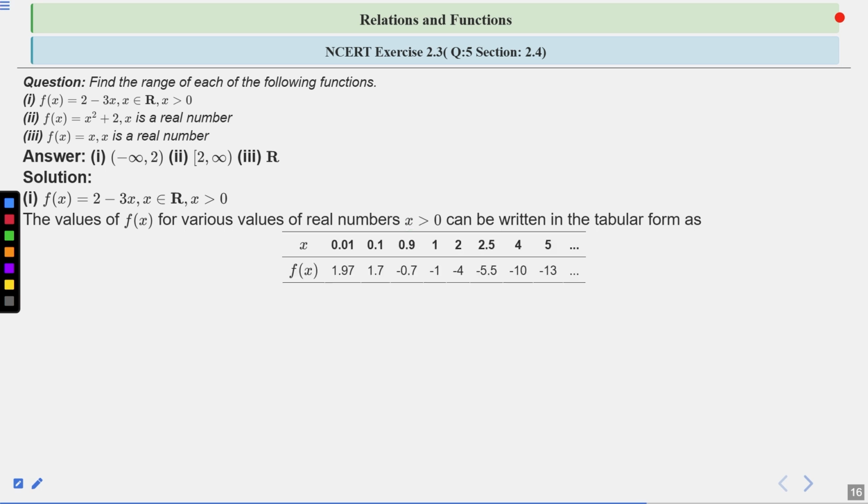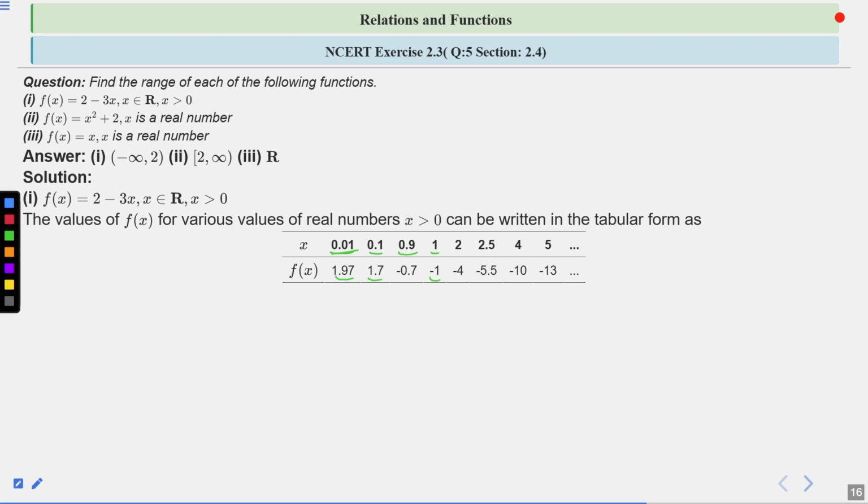So we are just observing some pattern. For a real number which is very near to 0 compared to others, 0.01, the output is going to be 1.97. For 0.1 the output is 1.7. For input 0.9 the output is minus 0.7. For input 1 the output is minus 1, and so on.